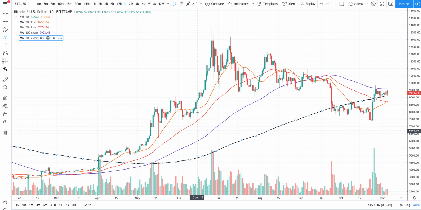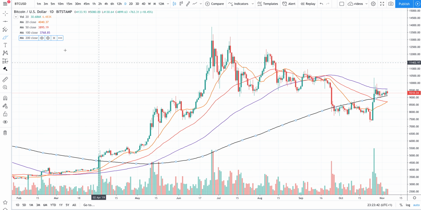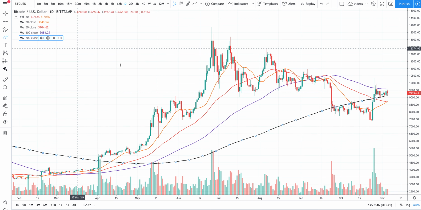Okay, I just made TradingView draw these 4 moving averages, the 20, 50, 100 and 200.